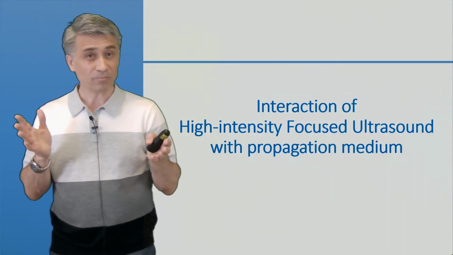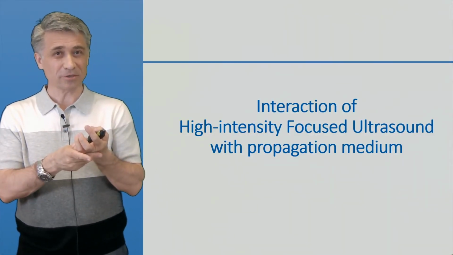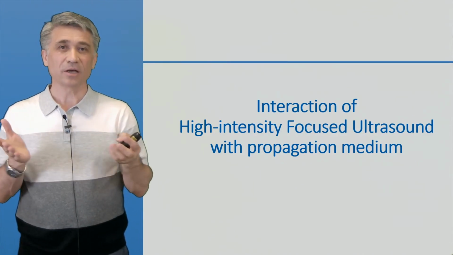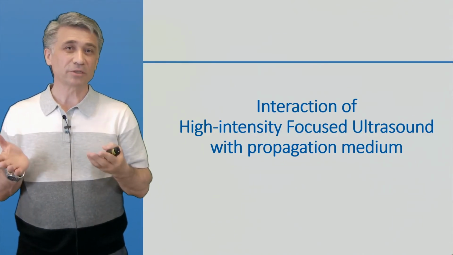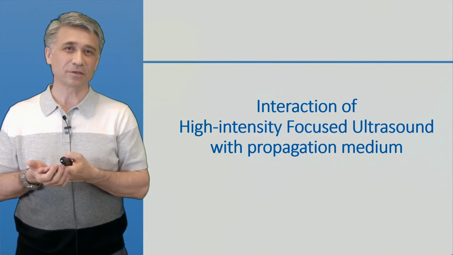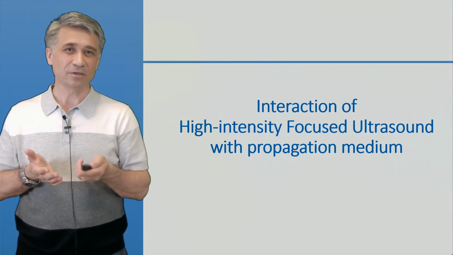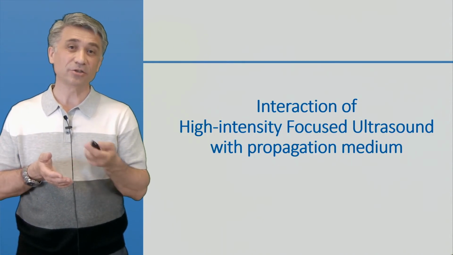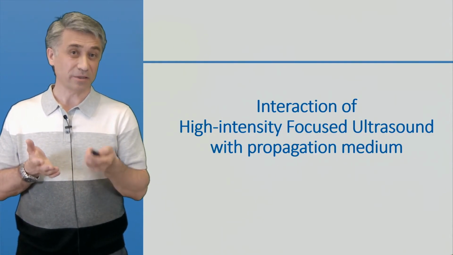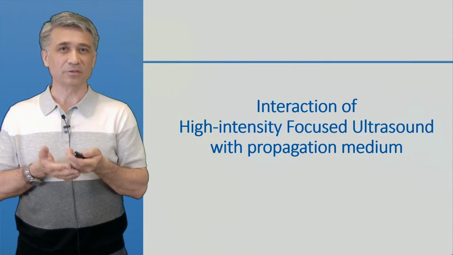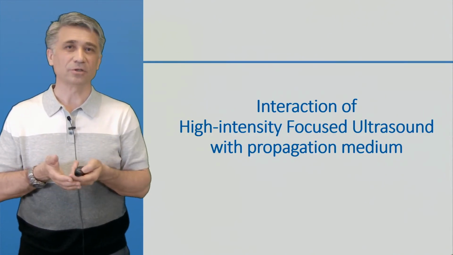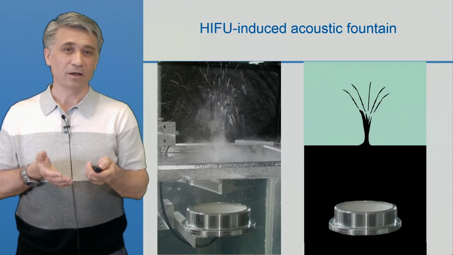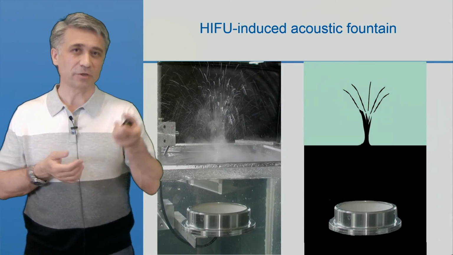So we can generate ultrasound, we can focus it, and now the next question is what can be done with this high-intensity ultrasound. It's so intense that it can create changes in the medium. And this is the idea of using ultrasound to make changes in tissue. What kind of effects? I'll mention several of them.